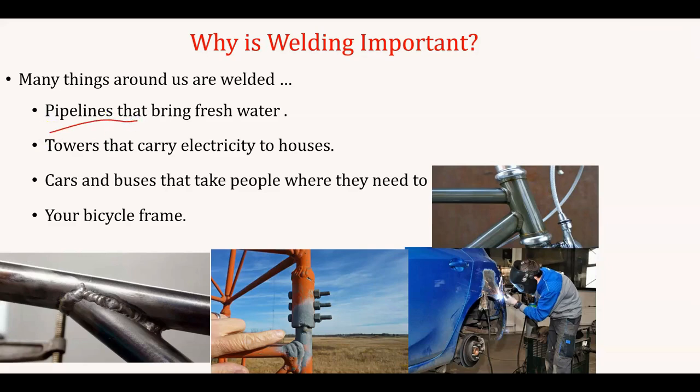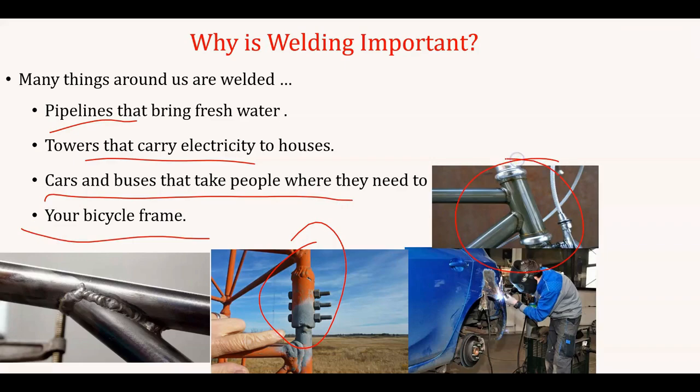And the next one is the tower which is used for telephone or internet applications. Everything is welded, or we are using some nuts and bolts, right? Also the cars, buses, all the automobiles, and the bicycle frame.